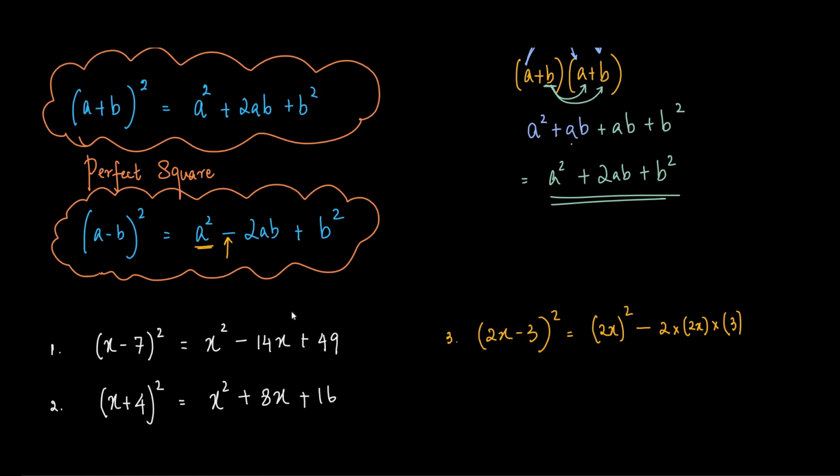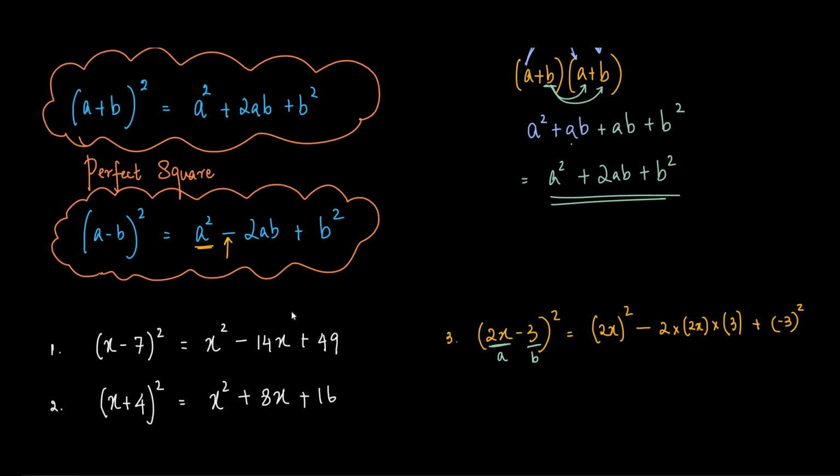Plus b squared. B squared is negative 3 squared. I mean, b squared is always going to be positive, because whether b is negative or positive, when you square it, it's always going to be positive at the end, right? Just see what I've done here. I've just applied the formula. I've considered 2x to be my a, 3 to be my b.